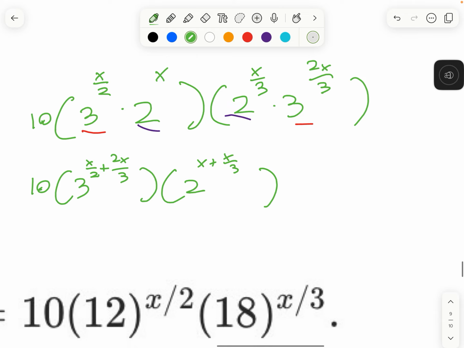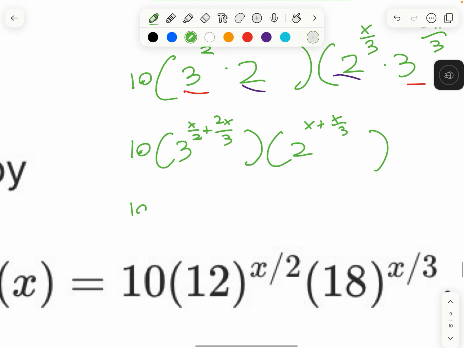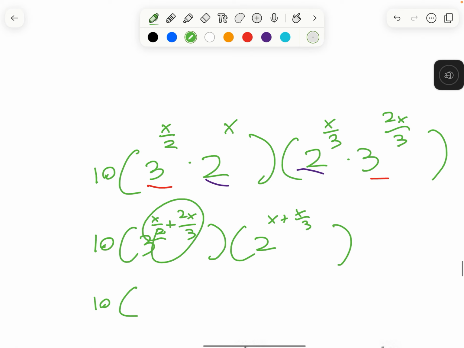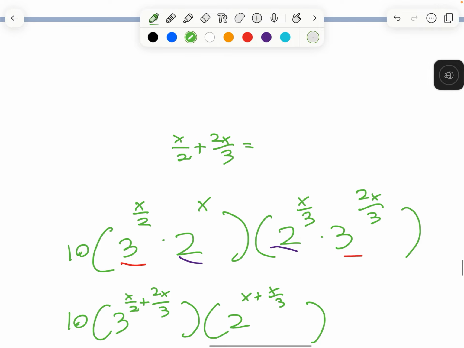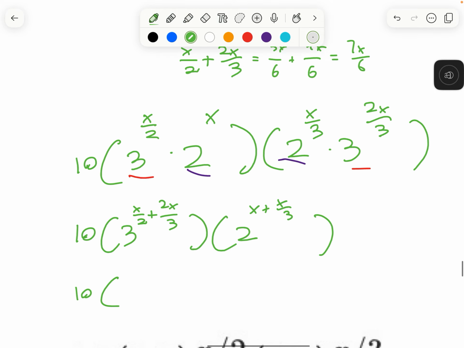And if you simplify this, you get 10 times, what is x over 2 plus 2x over 3? I always like to go off to the side for these fraction adding cases. So here we have 3x over 6, and then this becomes 4x over 6, this becomes 7x over 6.